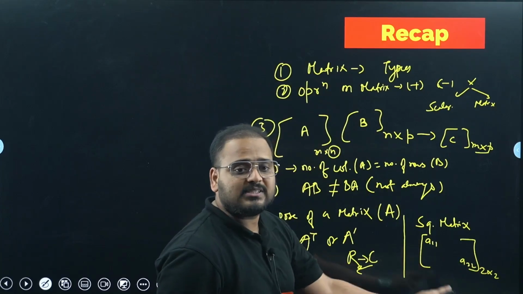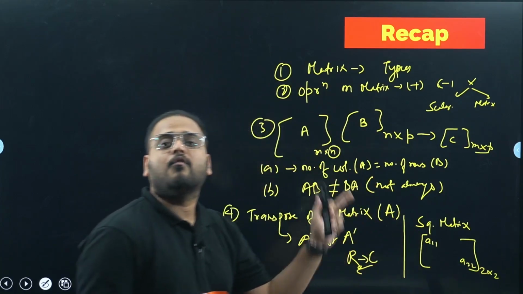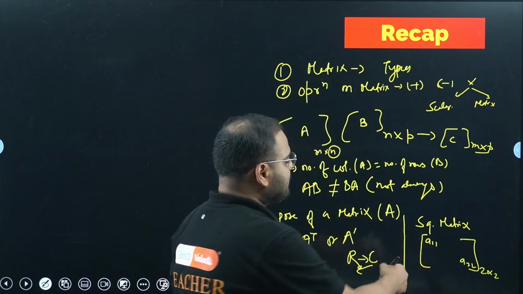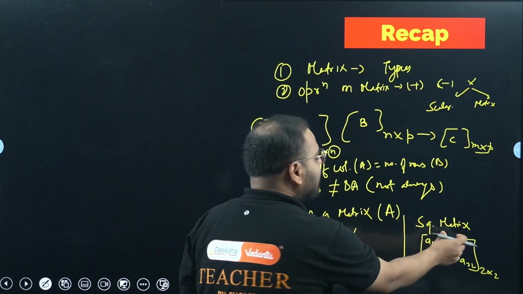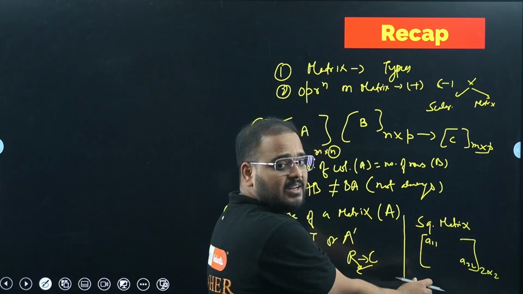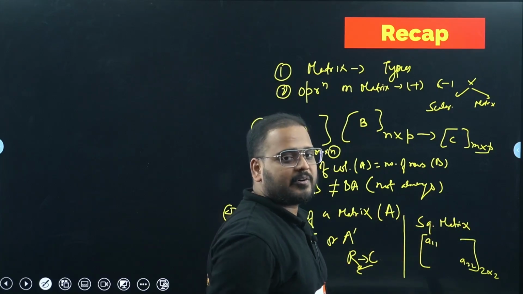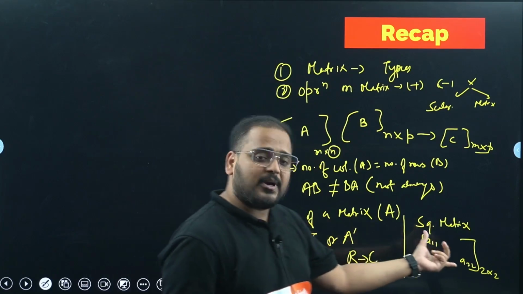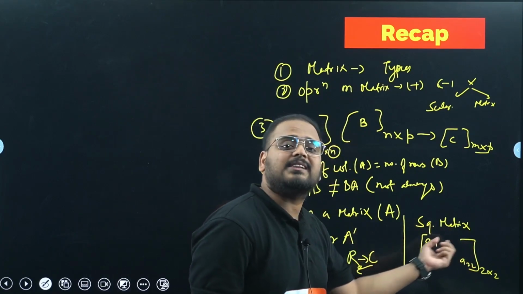Keep these elements the same, whether it is 3 cross 3 or 4 cross 4. Always remember, for a square matrix, keep the diagonal the same and take the mirror image of the other elements. That means the upper triangle becomes the lower triangle, and the lower triangle becomes the upper triangle. I'll repeat: for a square matrix, when taking a transpose, keep the diagonal the same and make the upper triangle the lower triangle.